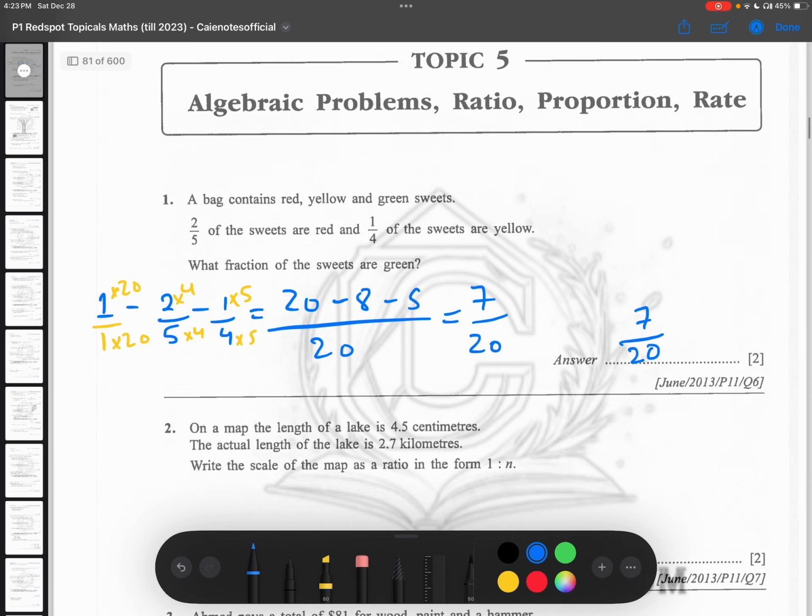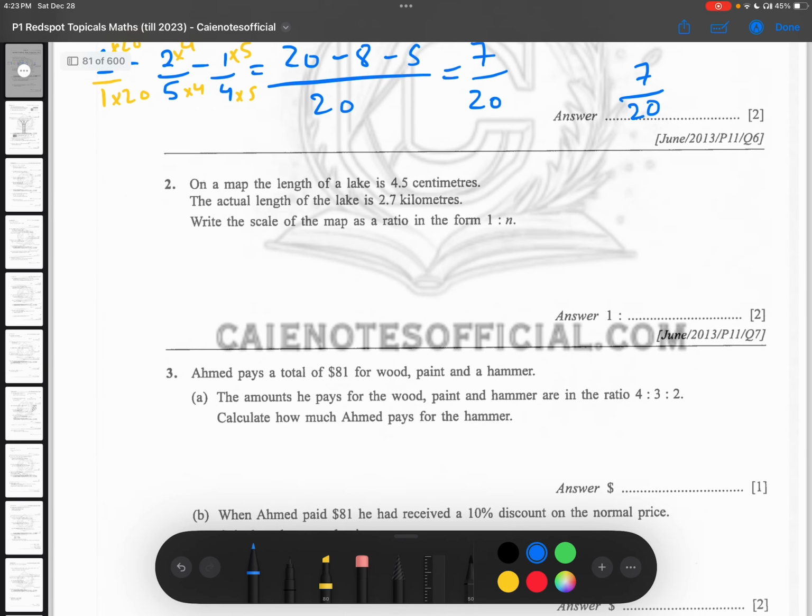Now question number 2. On a map, the length of a lake is 4.5 centimeters. The actual length of the lake is 2.7 kilometers. Write the scale of the map in the ratio in the form 1 ratio n. So first we will write map length and then actual.